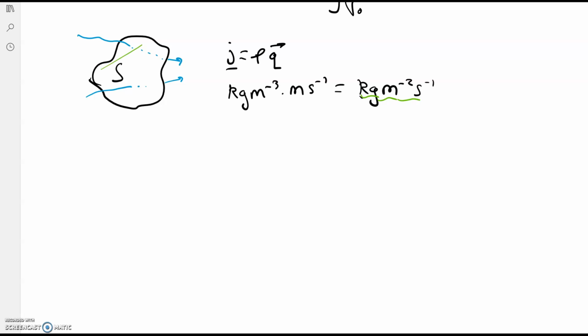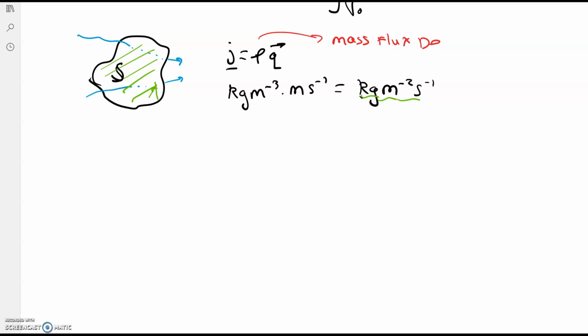So here's my area A. How many kilograms of, say, water have I got for my area every second? So I can count this, right? That's what J is. And J has a name, and the name of J is the mass flux density.